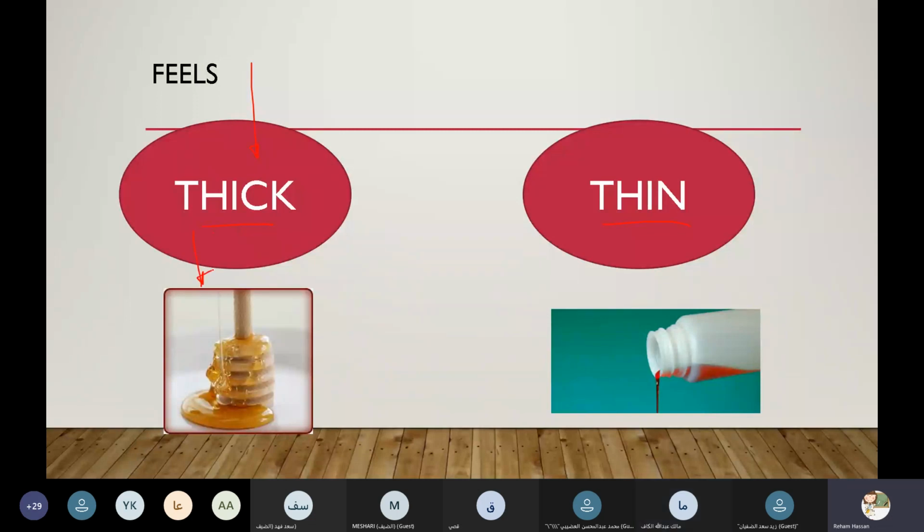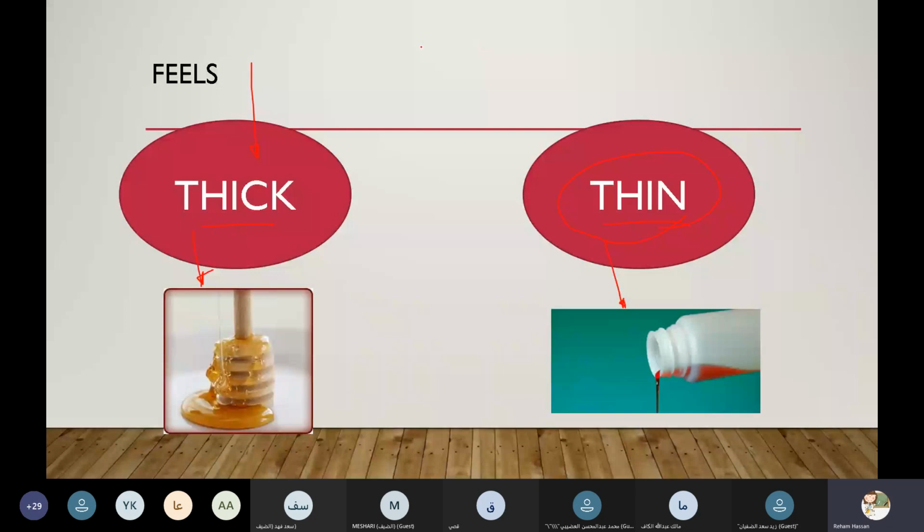Is it like the water or is it thick? Yeah, it is thick, but others are thin. Others are thin, like the juice or like the water. It's thin also. Okay, honey, thank you so much.